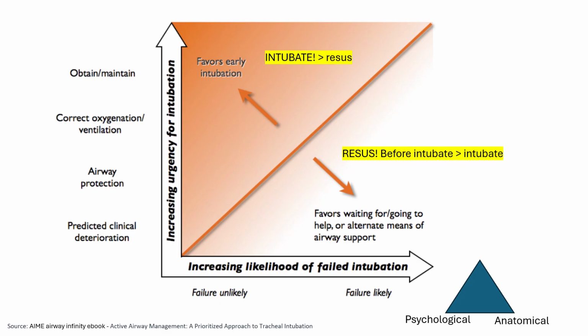Because what is the risk here? The risk here is you have your anatomical problems, like if you have someone who has a short neck or has Down syndrome, big tongue, anaphylaxis, and so on. You have your psychological risks, which would be if it's a stressful situation, performance under pressure, and so on. If it's a kid, if it's a pregnant patient, there's a high stakes thing.